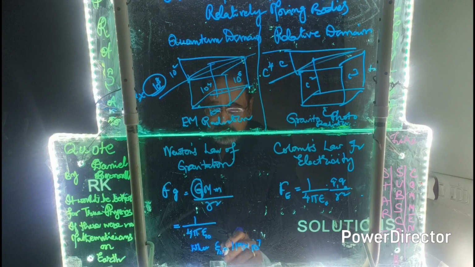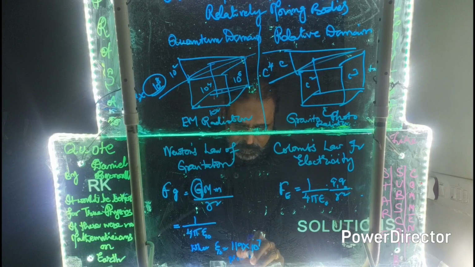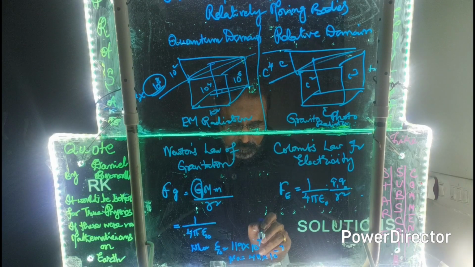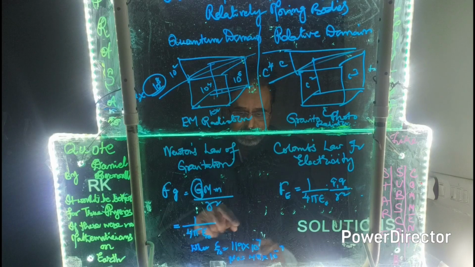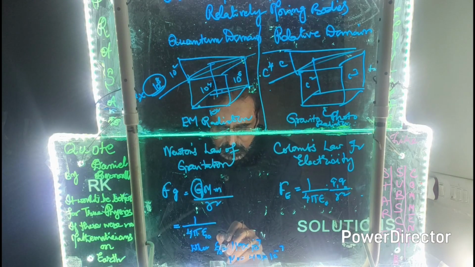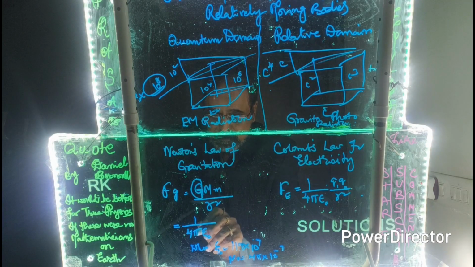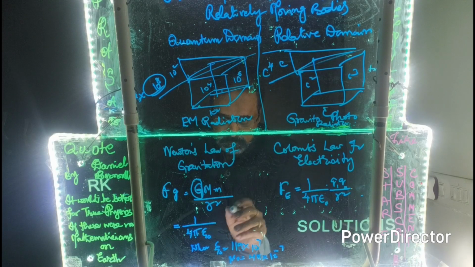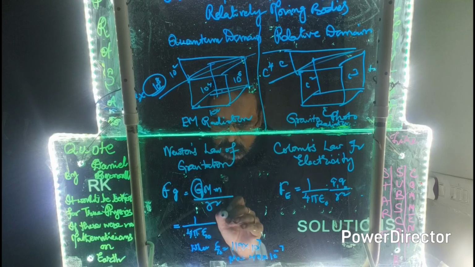You see, don't get confused here with mu naught, which is 4 pi into 10 raised to minus 7. Here, this xi naught is 119 into 10 raised to 7. If you call this xi naught, then this will be 4 pi xi naught into m m by r squared.